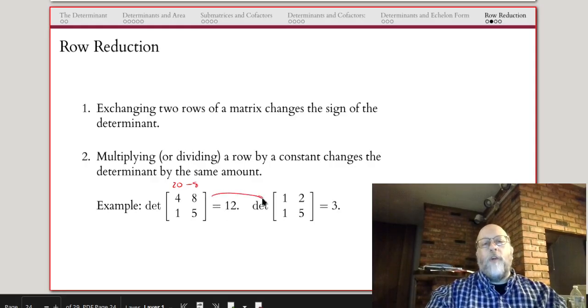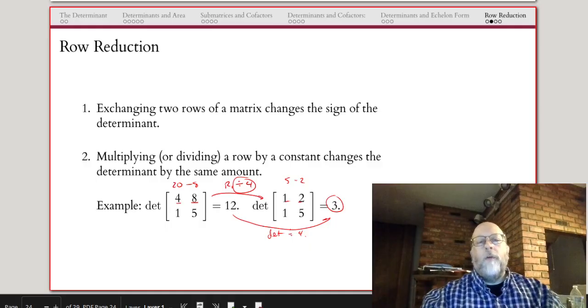But if I do the row reduction step, row 1 divided by 4, so that the 4, 8 becomes a 1, 2, now my determinant is 5 minus 2, because I got rid of a factor of 4, and my answer is now 3. The determinant also went down by a factor of 4. So we can scale a row, but that changes the determinant by the same amount.